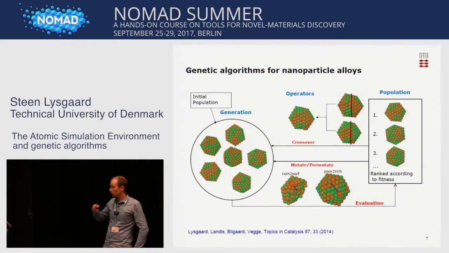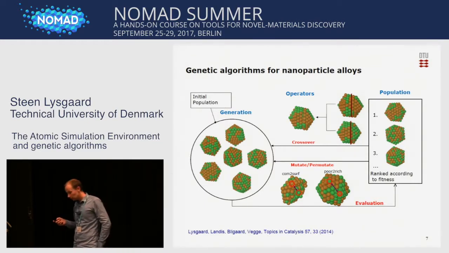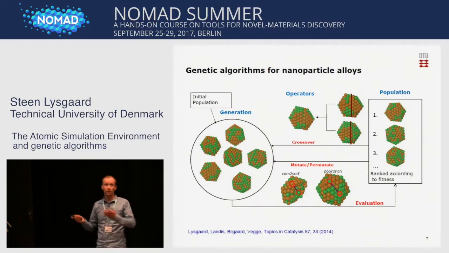We also introduced some customized mutation operators that were supposed to allow the algorithm to look at the special situations for these particles.